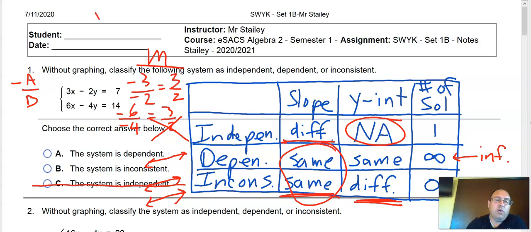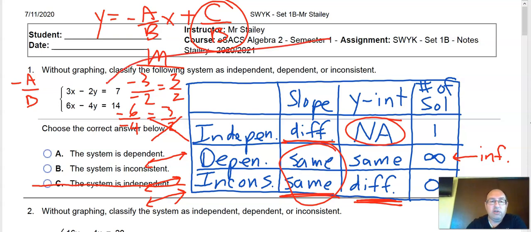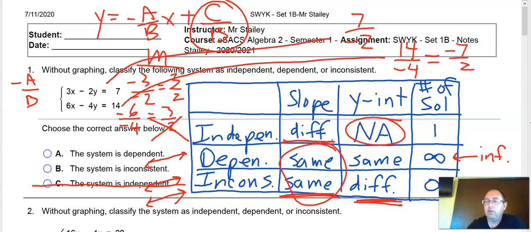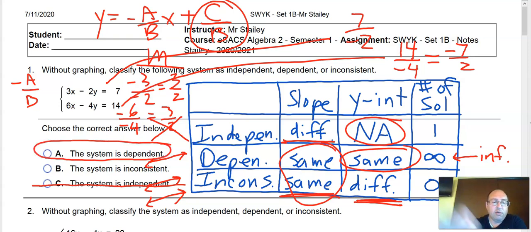Well, according to what I showed you in the last video, the opposite of A over B x plus C over B, so that means the y-intercept is C over B. If you do that for the first equation, C over B would be 7 over negative 2. And if you do that for the second equation, that would be 14 over negative 4. Well, those two things are exactly the same. So we are dealing with the dependent situation right here.